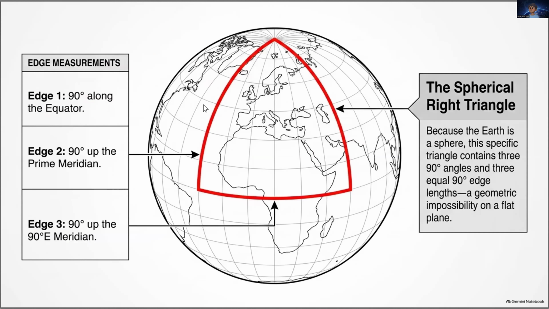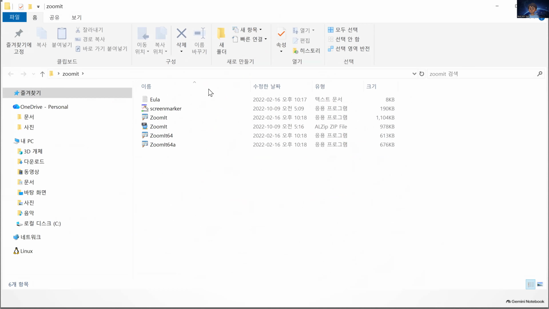Okay, let's go. This is a sample. I go for the prime meridian. The line is not perfect. Let's see, I can get a clearer one by using zoom.